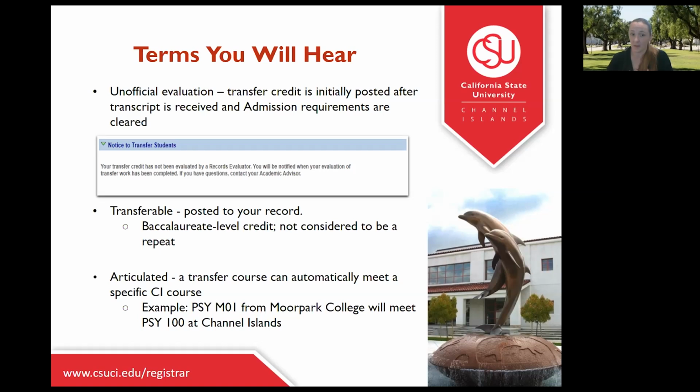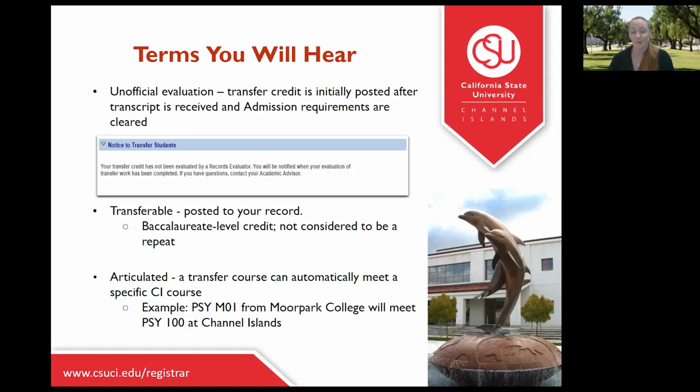What we mean by the term transferable is simply that a course is baccalaureate level, meaning that it's not remedial, and that it's not a repeat of something you have already taken. And then another term you'll hear quite a bit is articulated or articulation. This essentially boils down to the registrar's office's ability to grant you specific course-to-course credit upfront without requiring any additional approval or paperwork.